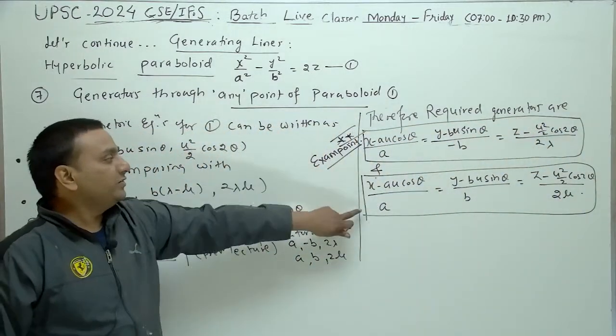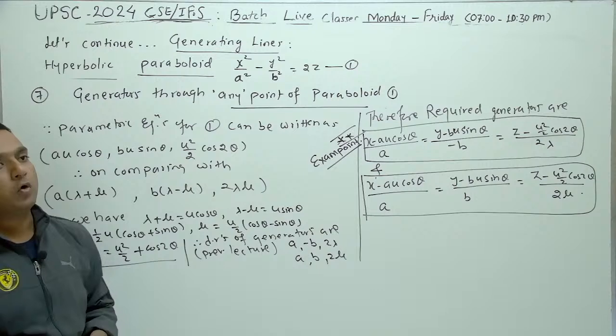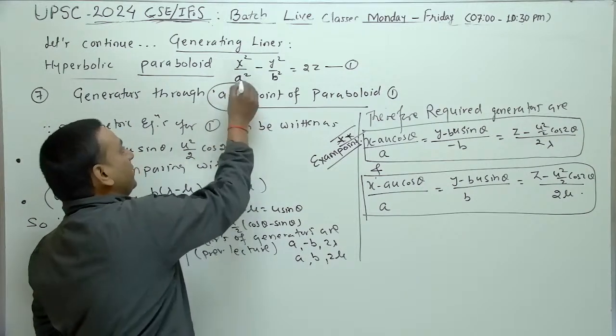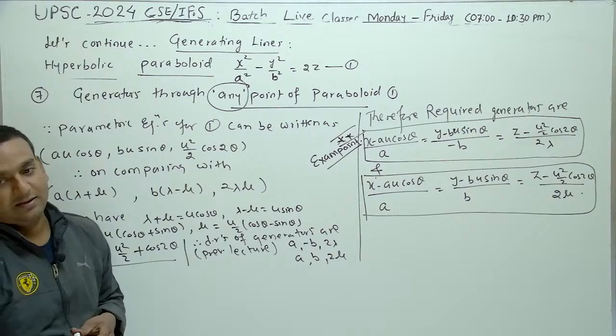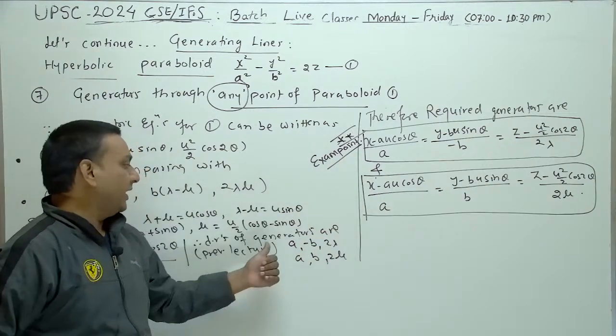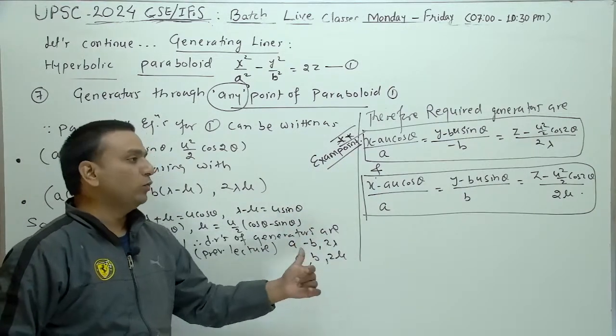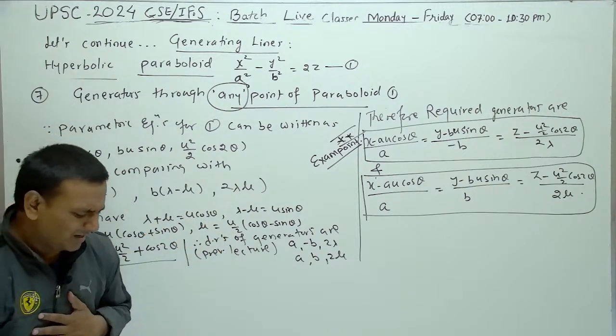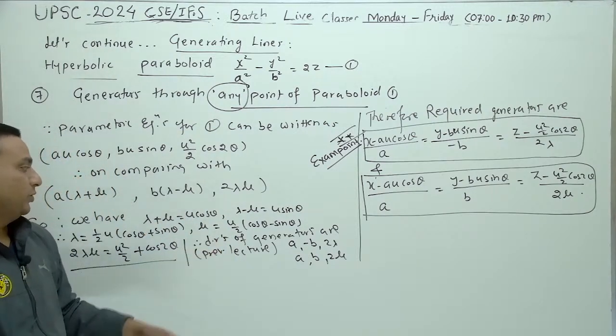Just remember these two relations whenever you want to write a generator through any arbitrary point on the paraboloid. So if you remember this, a minus b, 2 lambda, a b, 2 mu are the DRs of the generators. You can go through that.